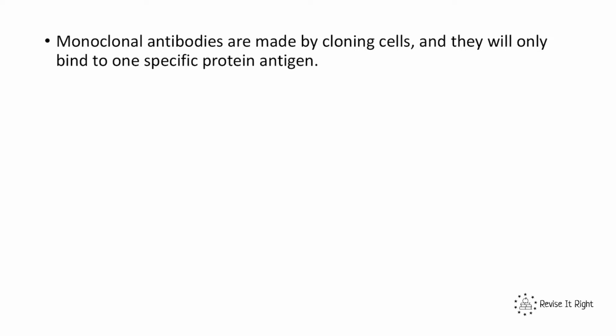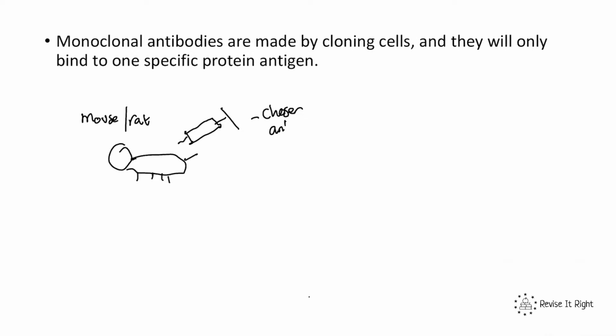So first what happens is they get a mouse or a rat that looks something or nothing like this. Now that mouse or rat is injected with the chosen antigen. Okay, so this is the antigen where we are trying to get the monoclonal antibody to bind to.